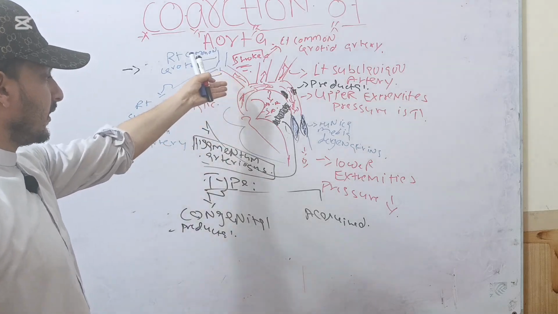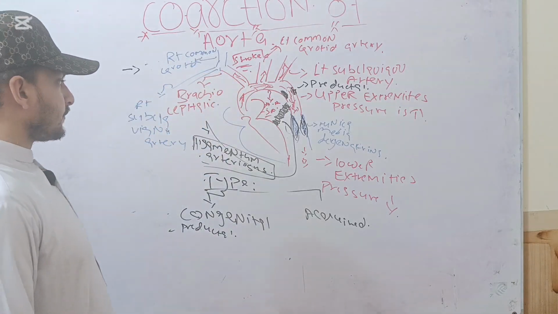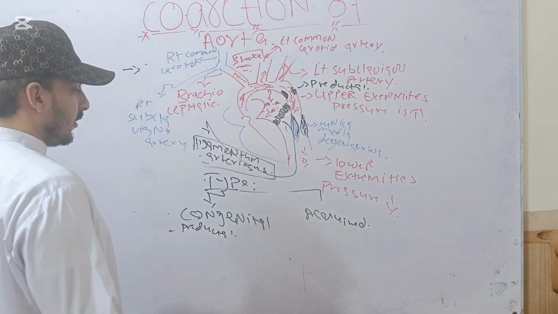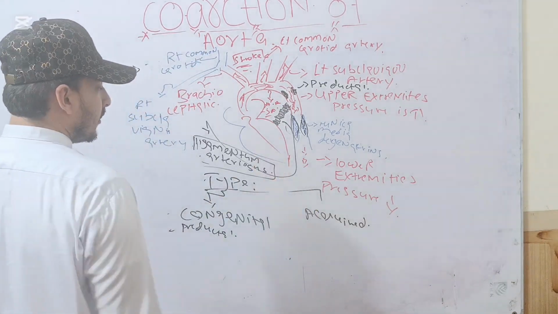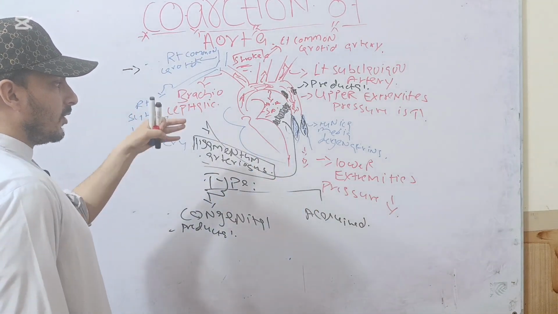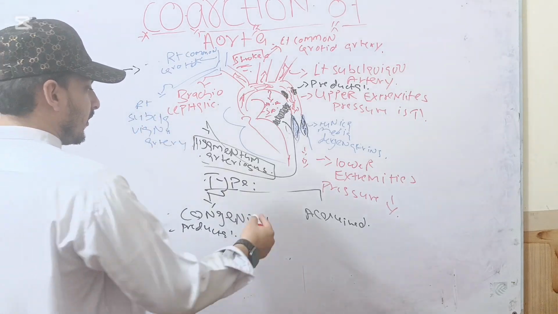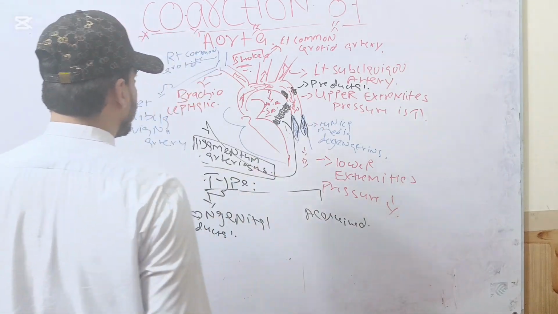This condition is very severe. In the lower extremities, if the blood supply does not come properly, the lower extremities may become claudicated and there may be pain.